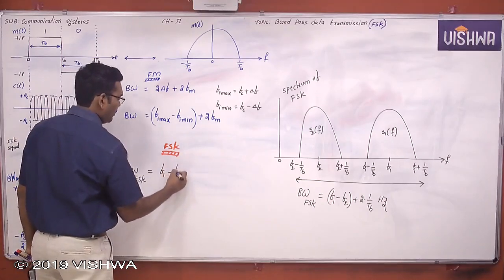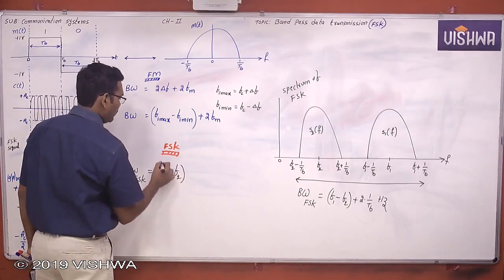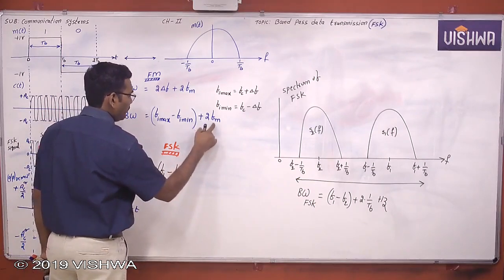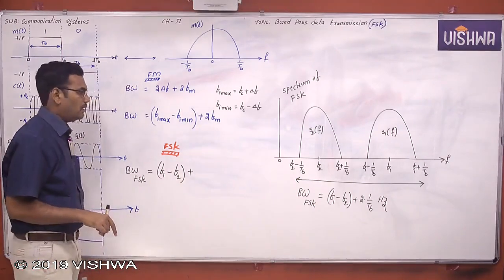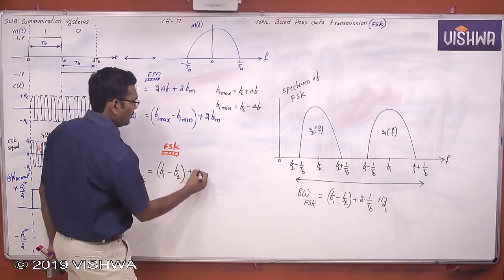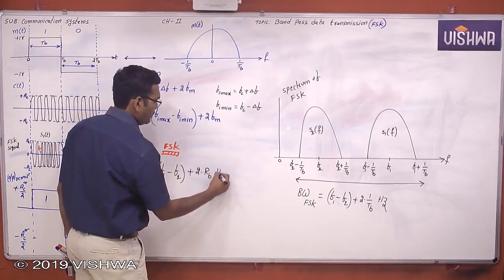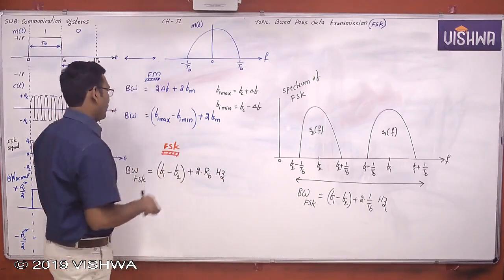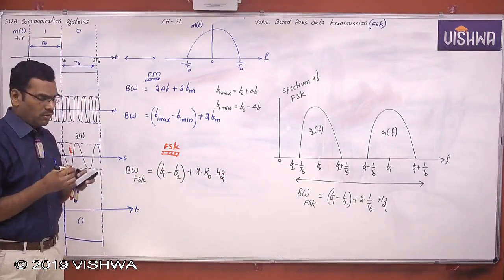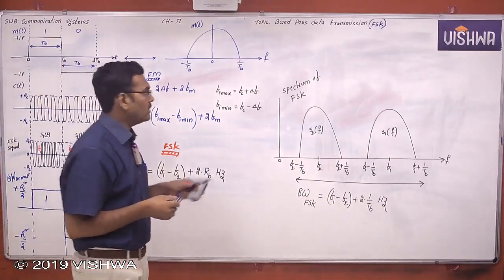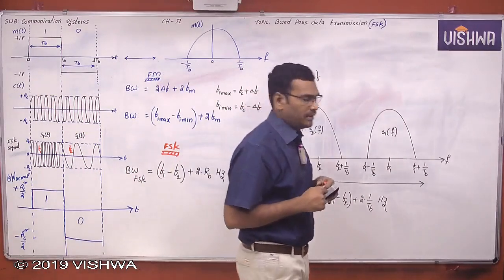Now Fi minimum is nothing but F2, plus 2 into FM, that is the bandwidth of message signal. Now this 2 into 1 by TB is nothing but 2 Rb, bit rate. This is the bandwidth of FSK and bandwidth of FM. Anyway, both are larger bandwidth. FM requires a larger bandwidth, no doubt.